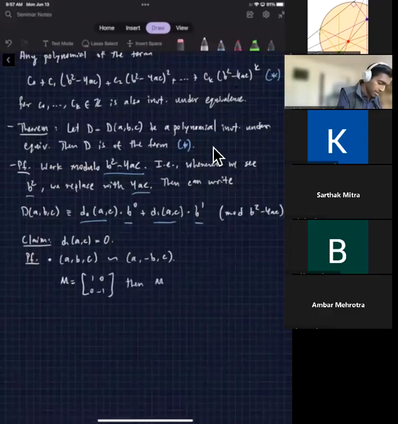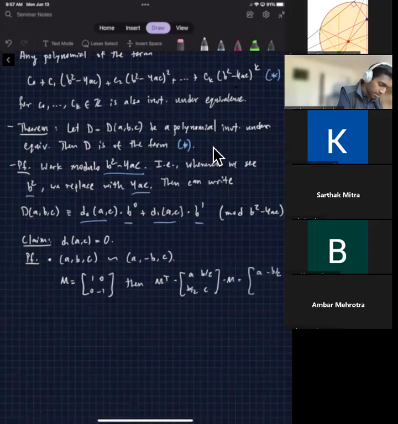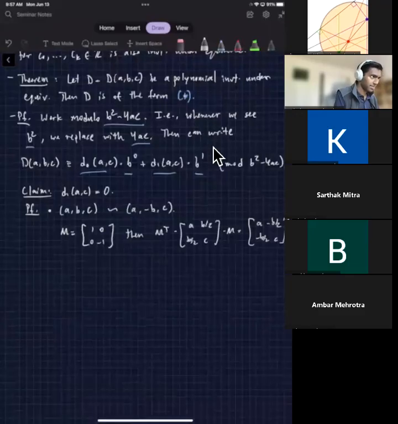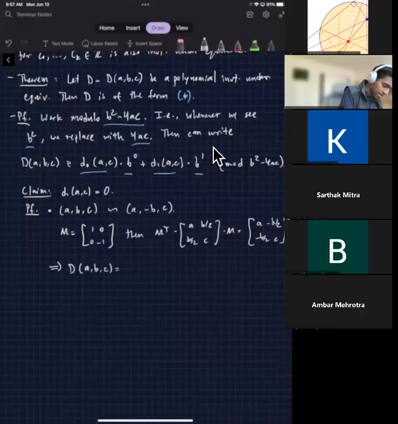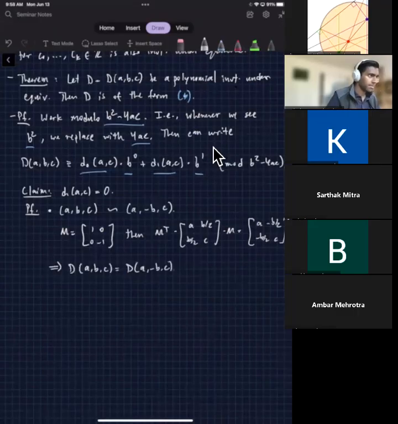And then M transpose times the matrix (a, b/2; b/2, c) times M, you can easily check that's (a, -b/2; -b/2, c). Okay. So that's an equivalence of BQFs. And because D is invariant under equivalence, we have D(a,b,c) equals D(a,-b,c).